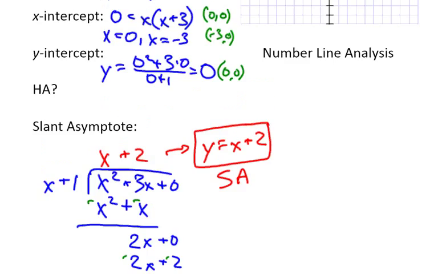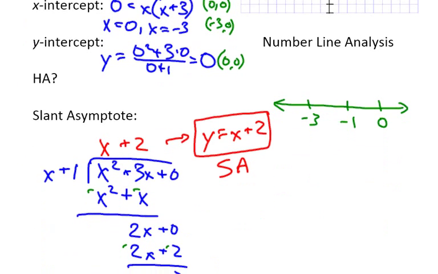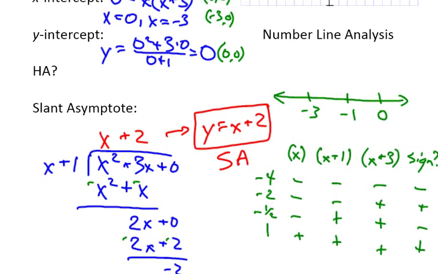To wrap up, we go up and get our critical points so we can do number line analysis. As always, we get our critical points from the factored form. We have 0, negative 3, negative 1. We put these on a number line and find the positives and negatives. Filling out the chart, we get a sign pattern of negative, positive, negative, positive.